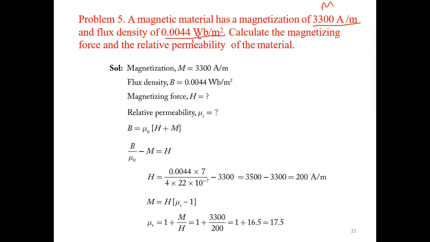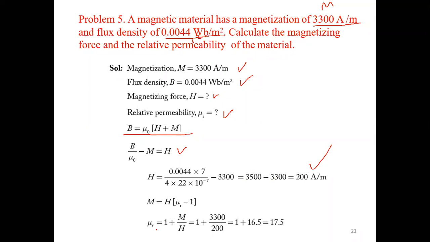We have solved this sort of problem earlier. M is given, B is given. Now your task is to calculate H and also mu r. We know this relationship, B equals mu naught H plus M. So from here, B by mu naught minus M will be H.